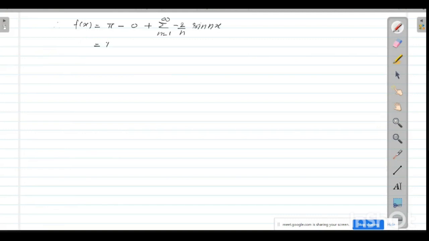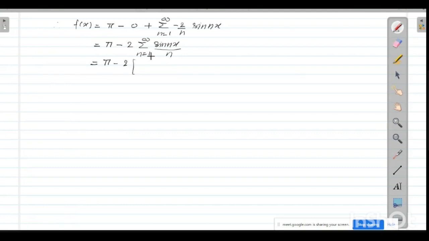So this is equal to pi minus 2, since 2 is constant I am taking it outside, sum running from n equal to 1 to infinity sin nx upon n.